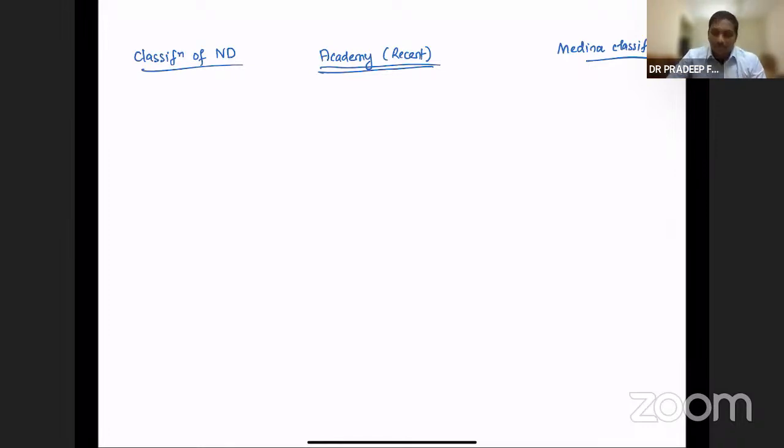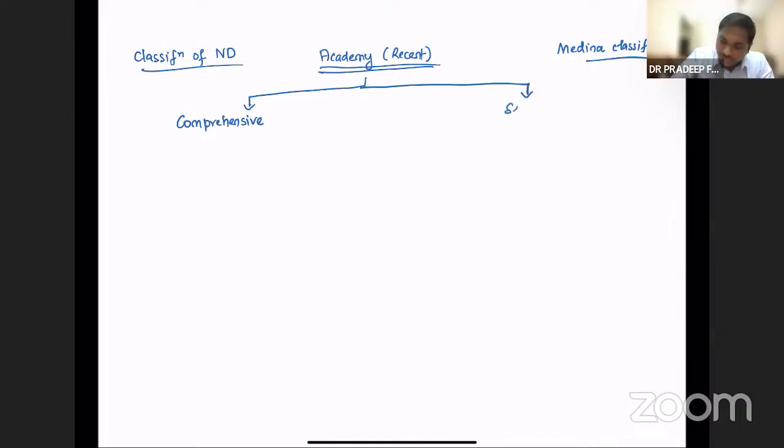This academic classification broadly divides the neck dissection into two types. One is comprehensive neck dissection, and another one is selective neck dissection. In the comprehensive neck dissection, you have radical neck dissection.